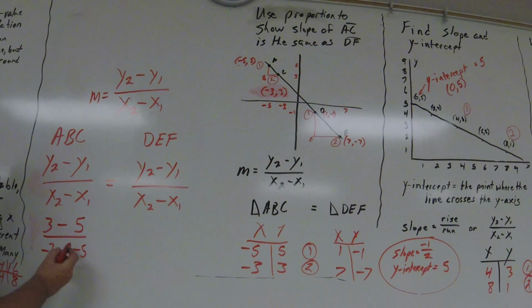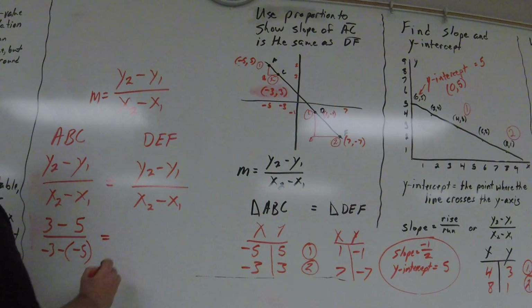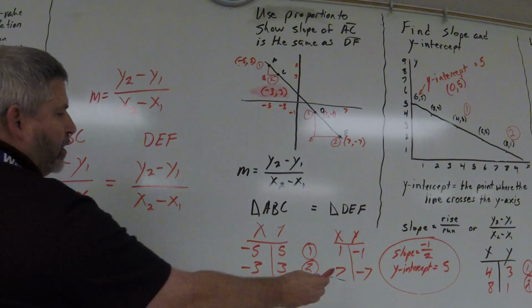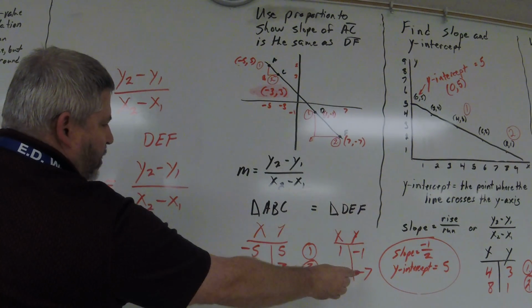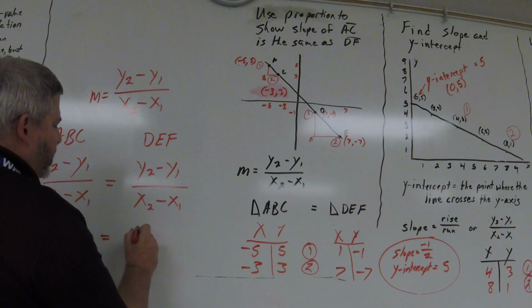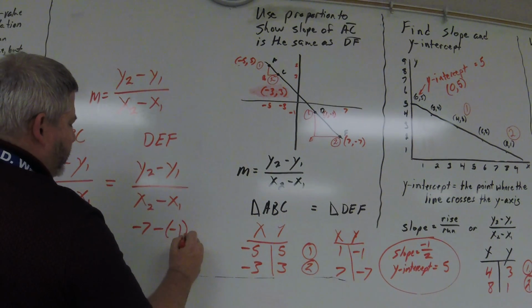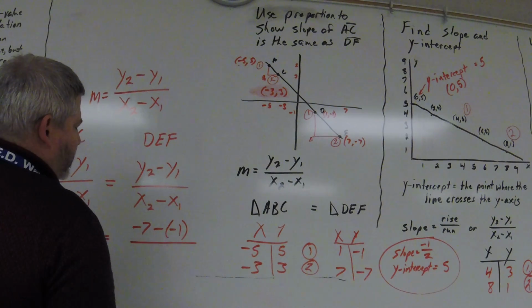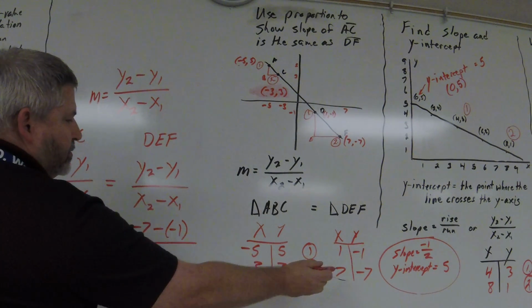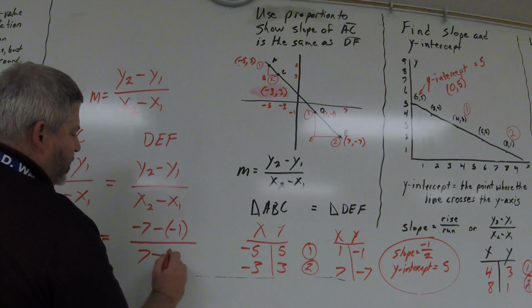So mathematicians put a parenthesis around that -5 to show that it is indeed a -5. All right, and that's going to equal our Y2 from DEF, so it's negative 7 minus negative 1, and that's going to be divided by our x2, which is 7, minus 1.